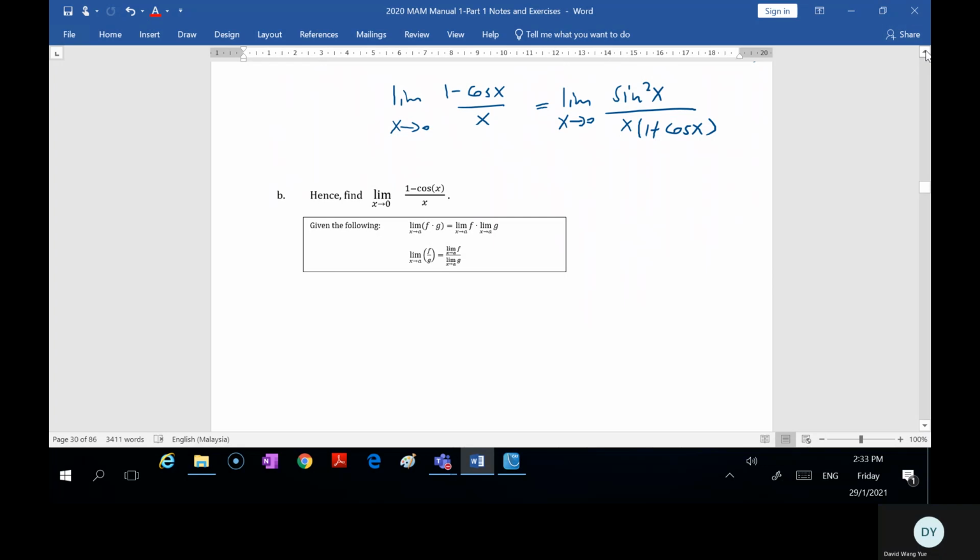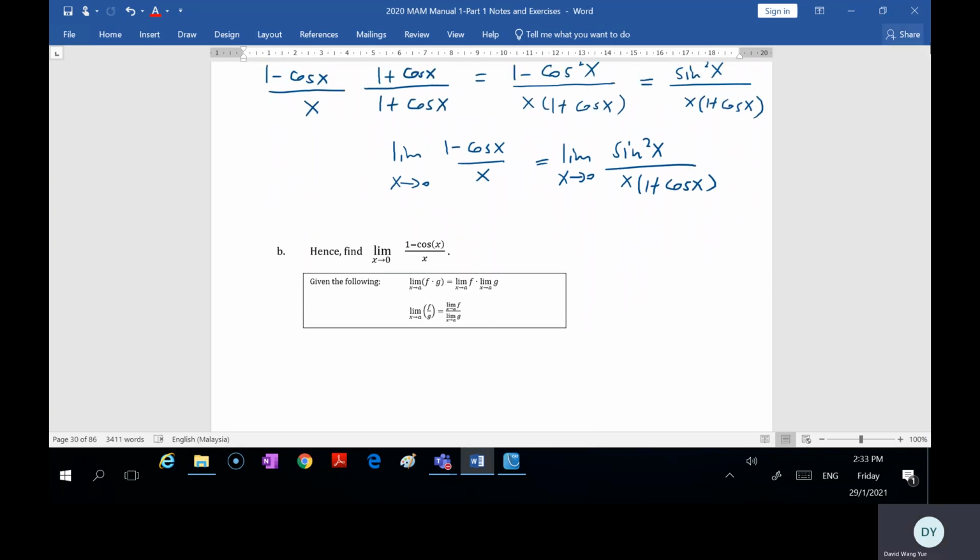Okay. So if that's the case, now let's find the limit of 1 minus cosine x over x. Okay, now how are we going to do this?